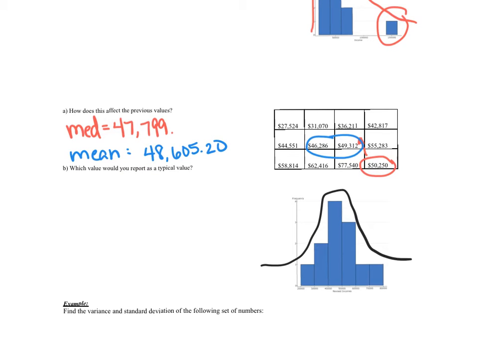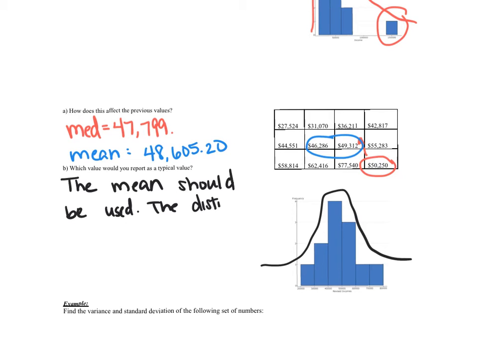So the value you're going to report is the mean, because the distribution is roughly symmetric now.